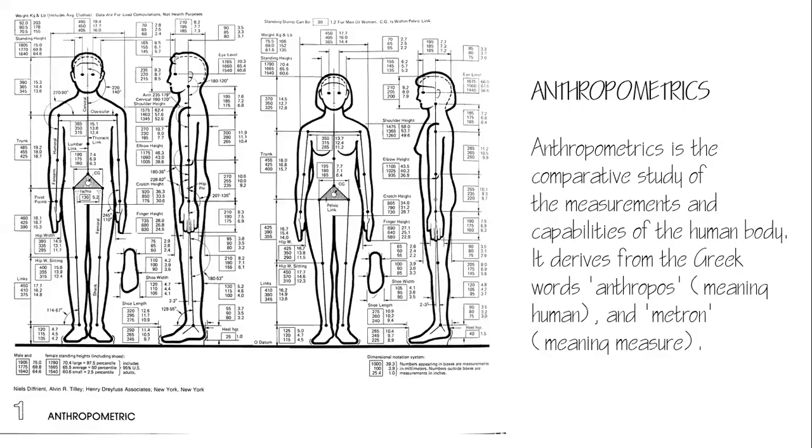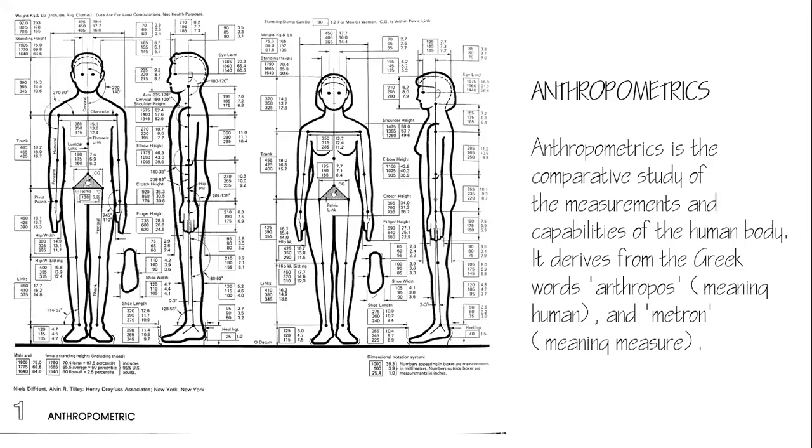So to discuss further, anthropometrics is the comparative study of the measurements and capabilities of the human body. Anthropos means human and metron means measure. So basically, anthropometrics is just the study of human measurements.